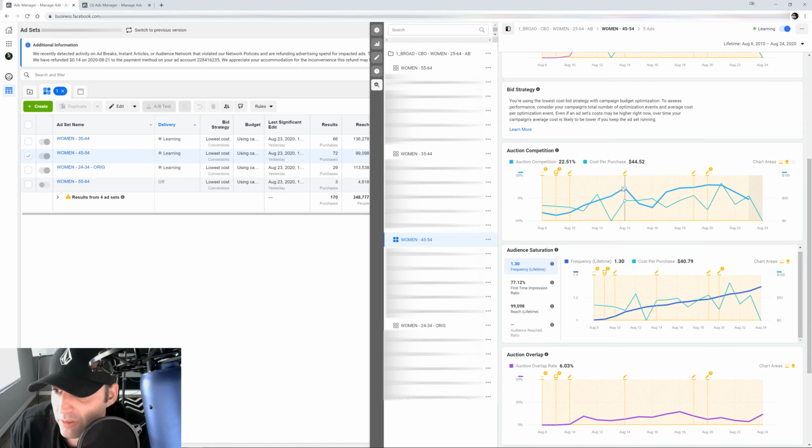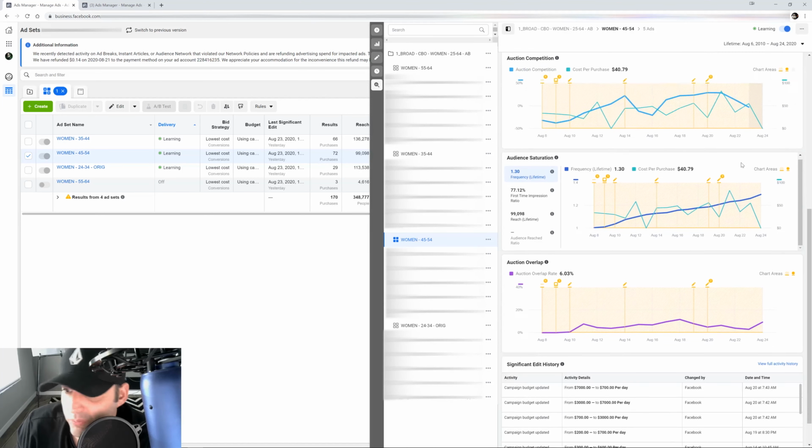And as you can see, as your competition goes up, your cost per purchase is going up as well. Like on this day, the competition was only 4.51, and on this day it went up to like 22.51, right? And then all of a sudden it dipped, and then it came back up. And then my cost per purchase is all over the place because of the competition in the auction, right?